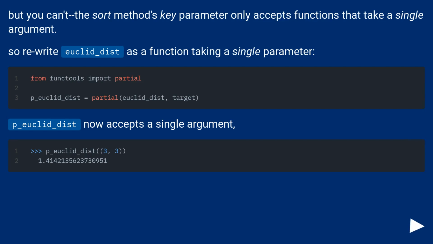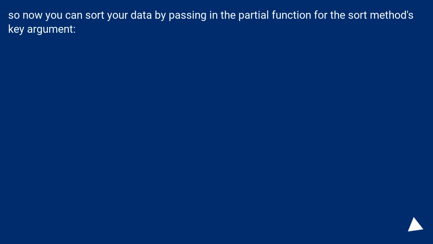The sort method's key parameter only accepts functions that take a single argument. So rewrite euclid_dist as a function taking a single parameter. p_euclid_dist now accepts a single argument. So now you can sort your data by passing in the partial function for the sort method's key argument.